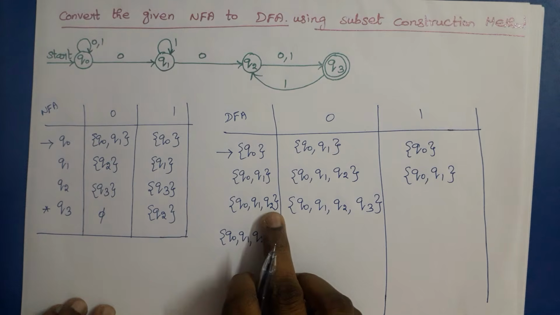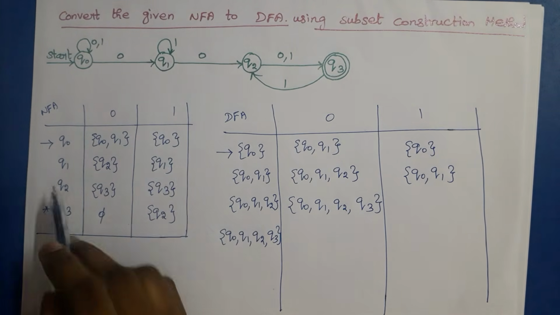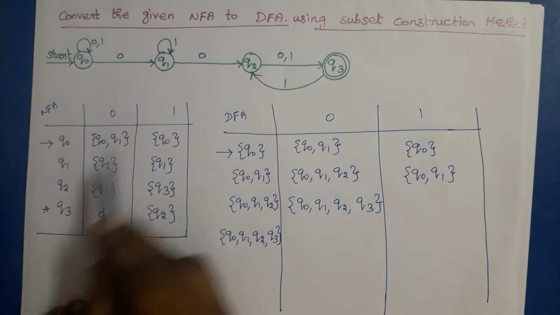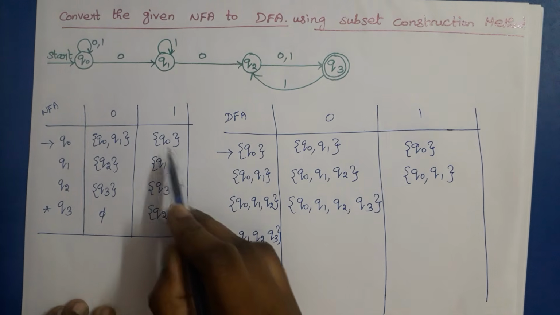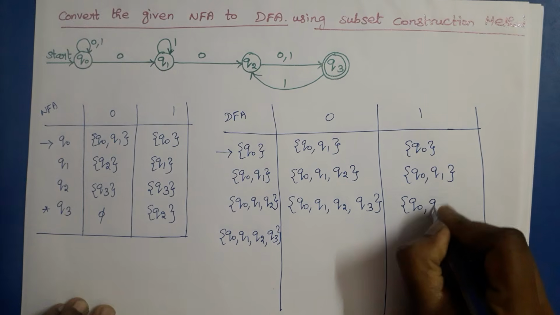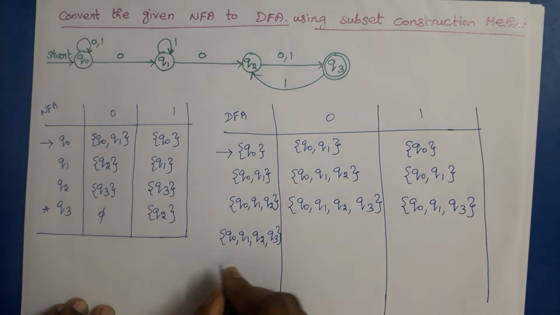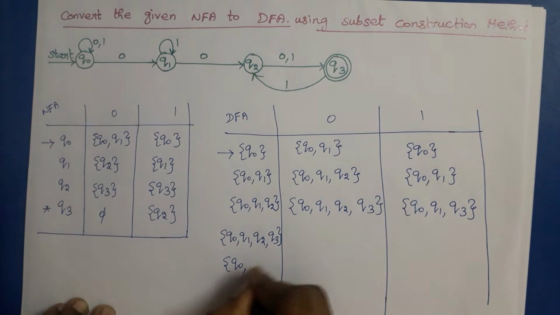Then Q0, Q1, Q2 and 1. So Q0, 1 union Q1, 1 union Q2, 1 will give Q0, Q1, Q3. And Q0, Q1, Q3 is a new state, so we have to write it.